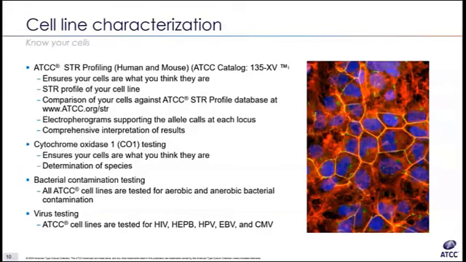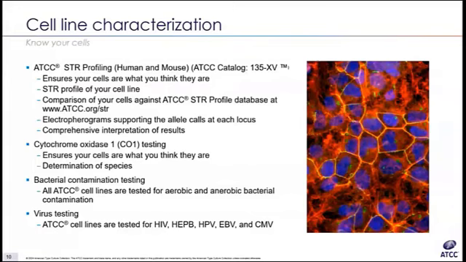This is a capillary electrophoresis assay, which analyzes the frequency of allele repeats at specific loci. This establishes a unique DNA fingerprint for every cell line. This is performed for every human cell line at ATCC and is offered as a service for human and mouse cell lines. Check out atcc.org/STR to learn more about this service.